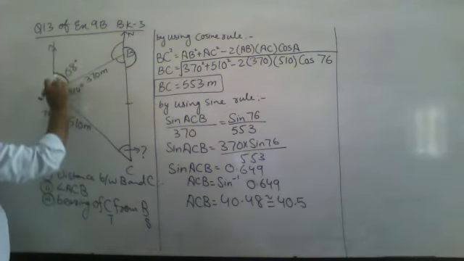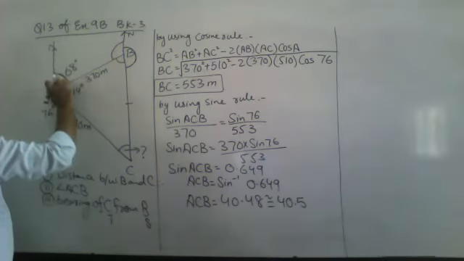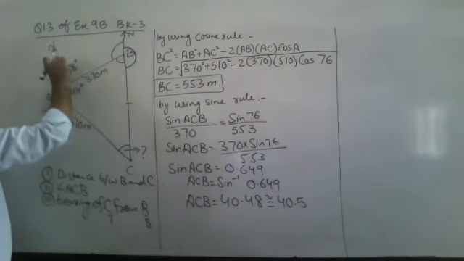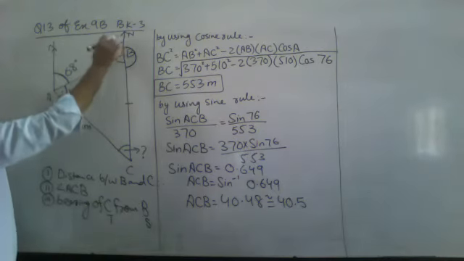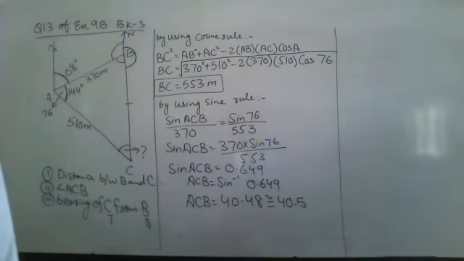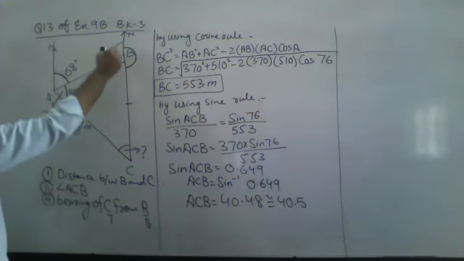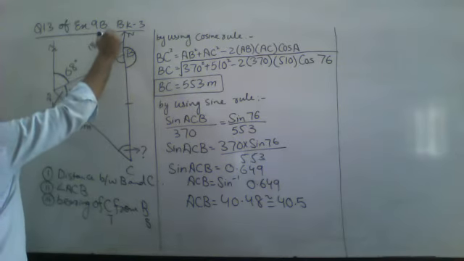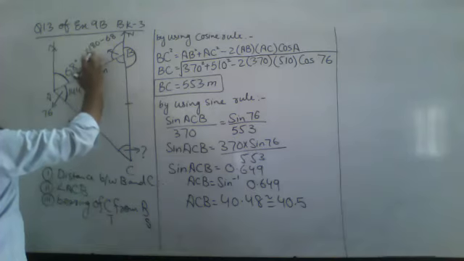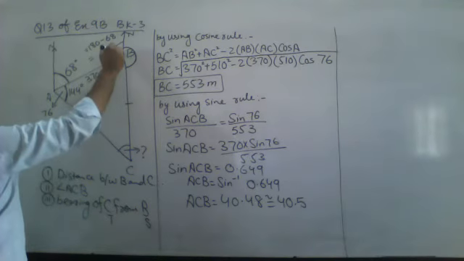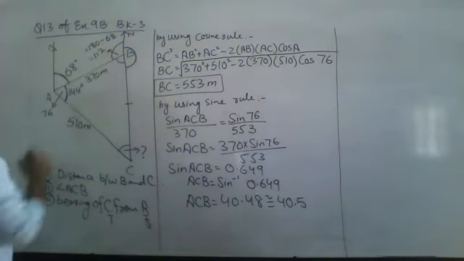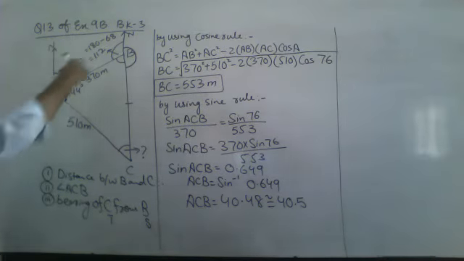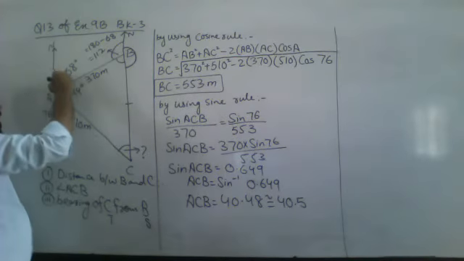When going toward north, these two lines are parallel, and this angle 68 and this angle are supplementary. Supplementary angle means the sum will be equal to 180 degrees. So in order to find this one, 180 minus 68, simplifying it, the result of this part is coming 112.